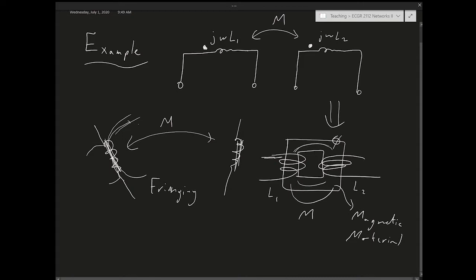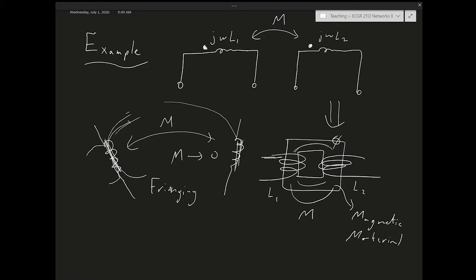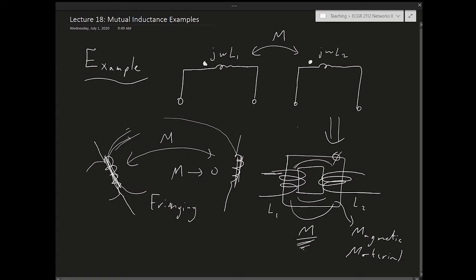So it could still reach the other coil, but the distances are far enough that M will be very small. It will approach zero. It will still be there, but it will be minuscule. So for most practical circuits, you really don't get a sizable mutual inductance unless you design it that way. Okay? So this is how those two coils might look.